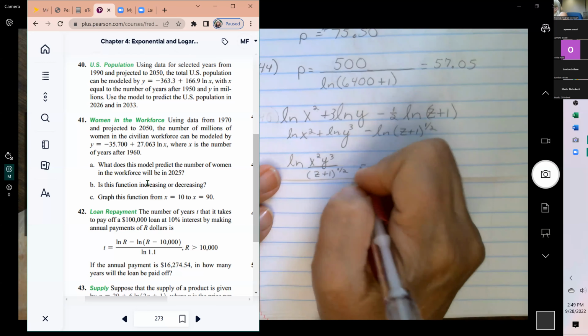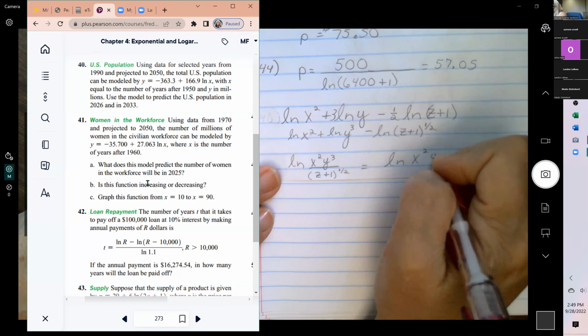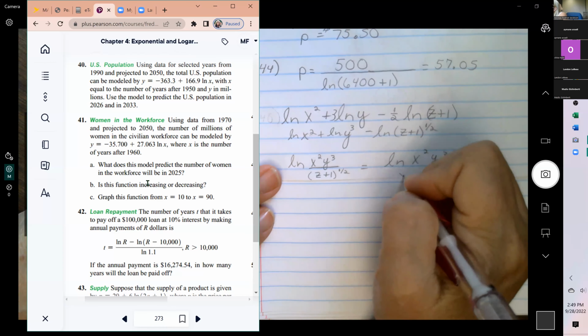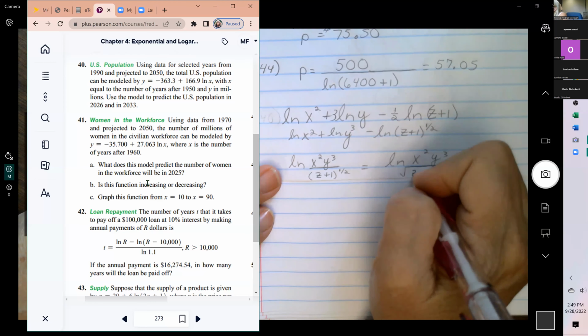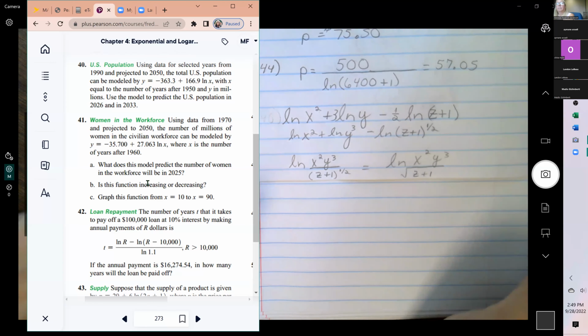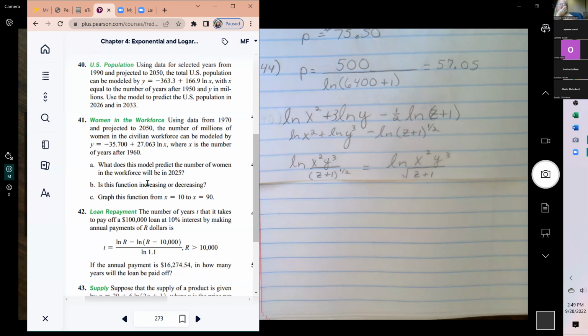And then you can leave it like that, or rewrite it as the radical of z plus 1. I would accept both of these. Any questions on that?